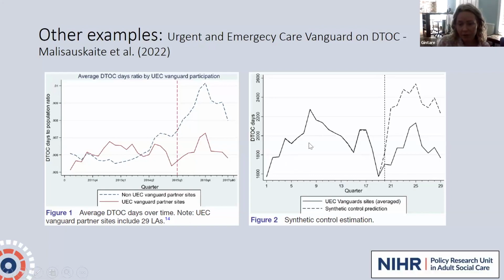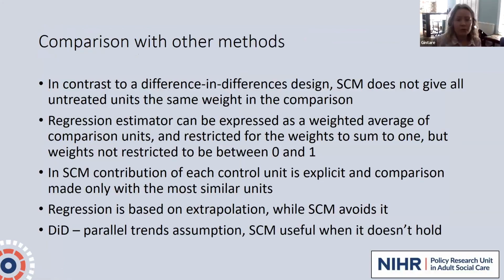However, after applying the synthetic control method, you can see the nice difference between the two. So this is where the parallel trends assumption wouldn't hold, and this method is a much better application for finding out the treatment effect. So, a quick comparison between methods.